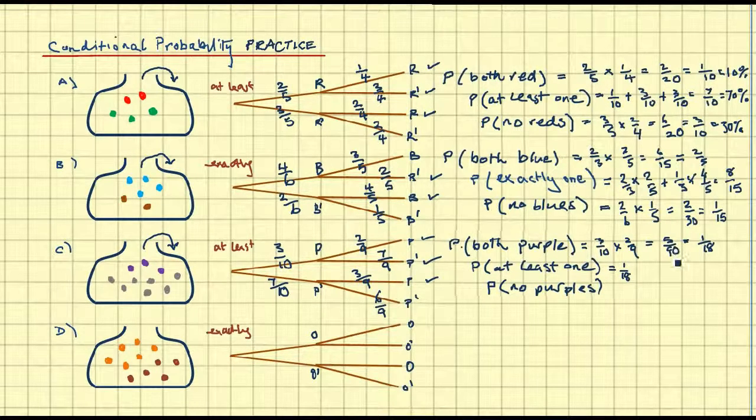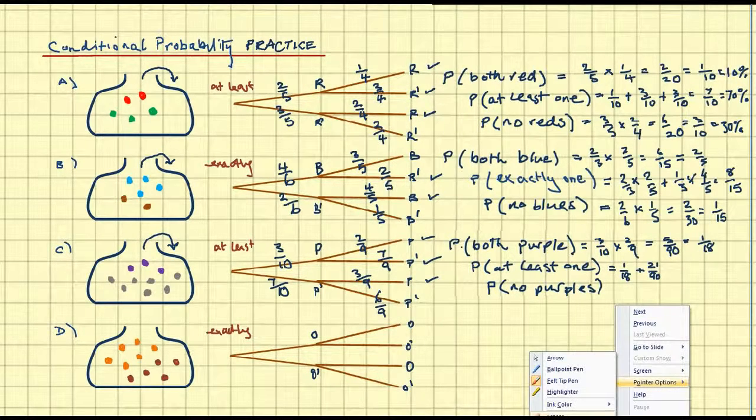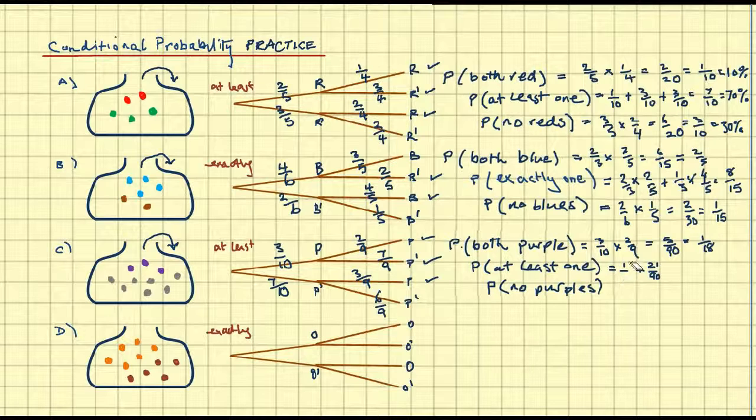We could go back to this 5/90, and we may well do, but let's have a look at how the other ones work out. So we've got 3/10 times 7/9, so we've got 3 times 7, which is 21/90. So I will convert this back to 5/90.